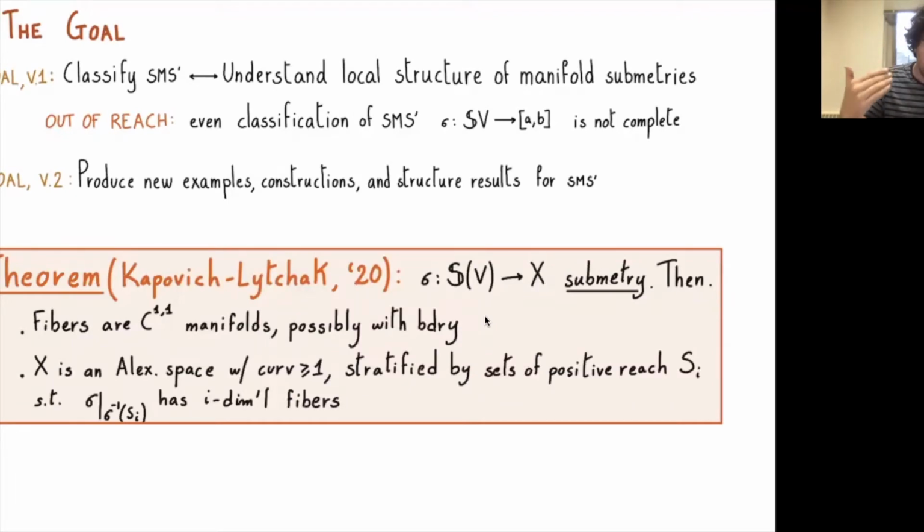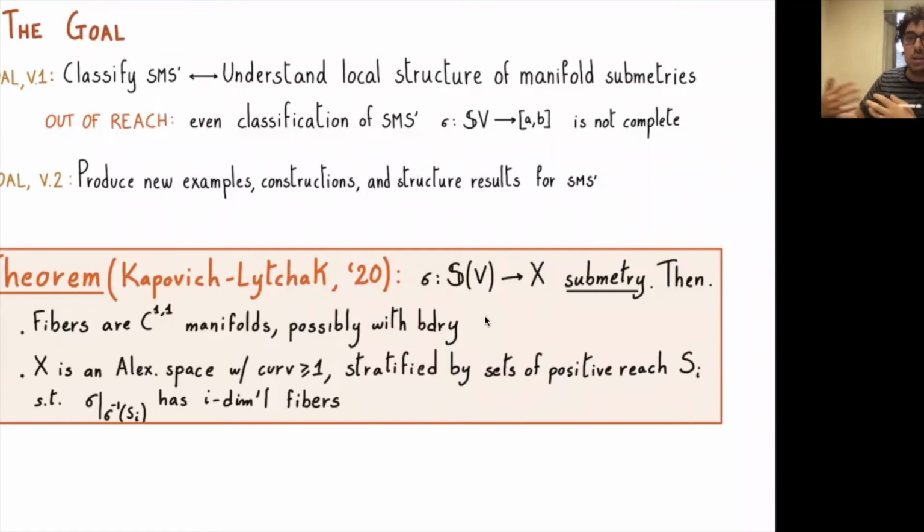This theorem here I added just because I'm talking about structural results for spherical manifold submetries. I cannot not mention this recent theorem by Kapovitch and Lytchak, where they essentially did a very similar thing to what we're doing, but in the more general case of submetries. These are just maps in which fibers are equidistant, but not necessarily smooth.